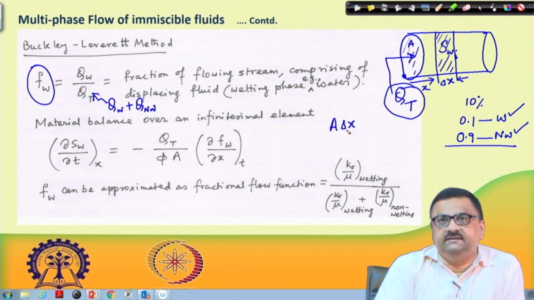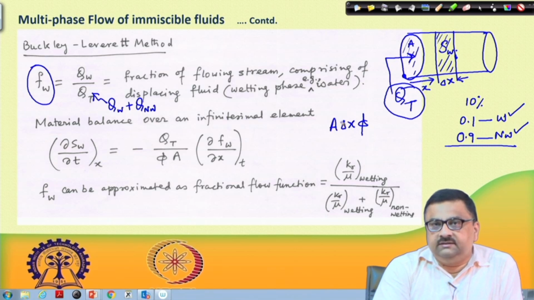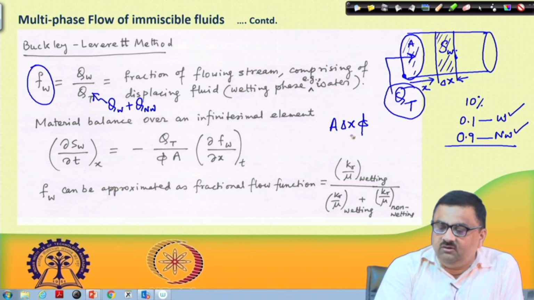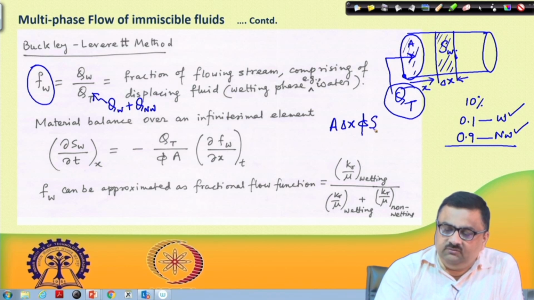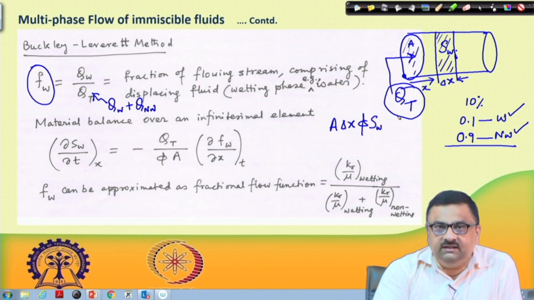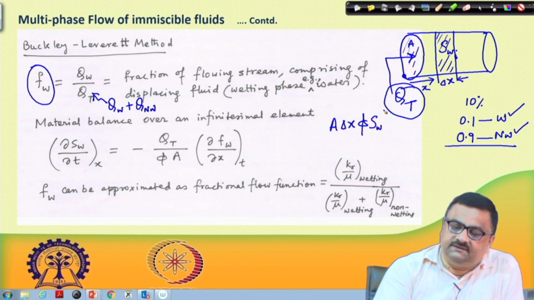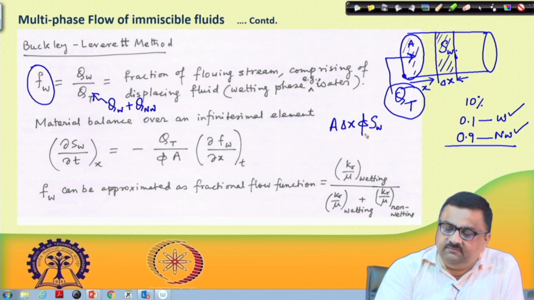So A delta x is the volume, and multiplied by the porosity phi, this gives the void volume. Out of this void volume, initially, let us say at some point of time the saturation is Sw at time t, and at time t plus dt this saturation has become Sw plus delta Sw.